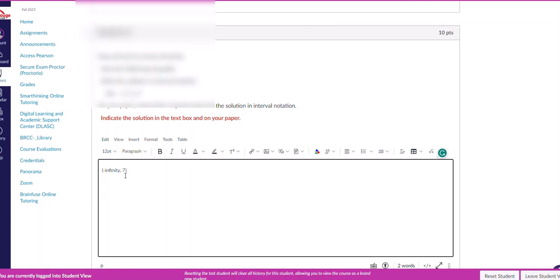And then let's say union, and then let's say bracket, I'm making this up, bracket 6 comma to positive infinity. So just infinity like this. Okay, all right, so that's how you would indicate that.